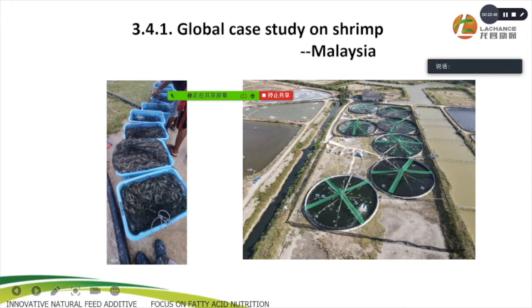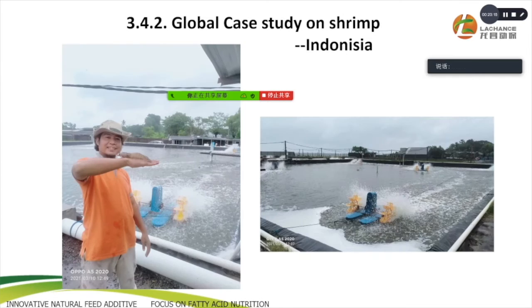This is from Malaysia. This is our model farm. They use the bile acid in the round tank, which is 500 square meters. Before, they always got wet feces, and just now I mentioned EMS, but after adding some bile acid, it did increase the production of the farm.